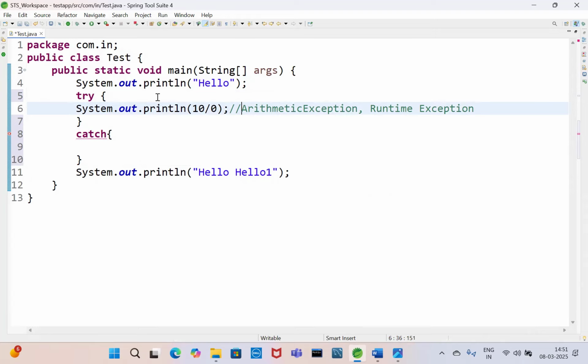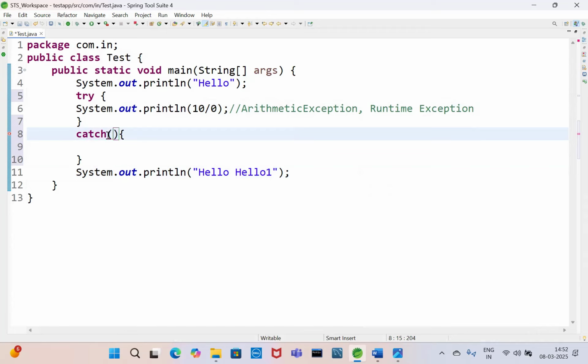The length of the try block should be as small as possible. I know on this line an arithmetic exception is raised, right? Whether the exception is raised or not, this line must run. After the exception is raised also, I need to execute the remaining lines of code. That's why I used the try block.